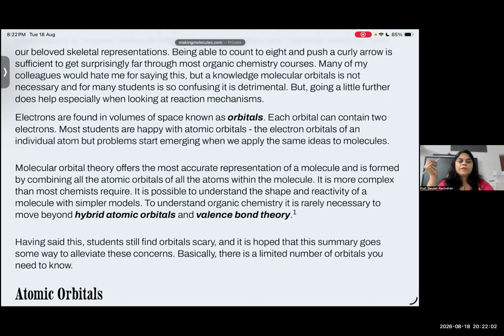In order to overcome these limitations, two models were introduced: one is valence bond theory and the other is molecular orbital theory. Valence bond theory was developed by Heitler and London in 1927, and further by Pauling and others.